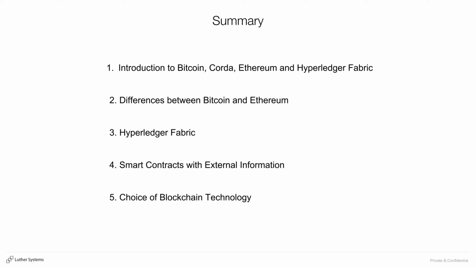We talked about Ethereum, how it's applied in the public case, but then also how some people are using it in a permissioned and a private setting to run the same type of smart contracts that would be run in the public network.